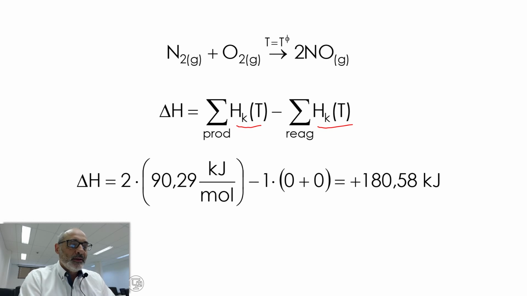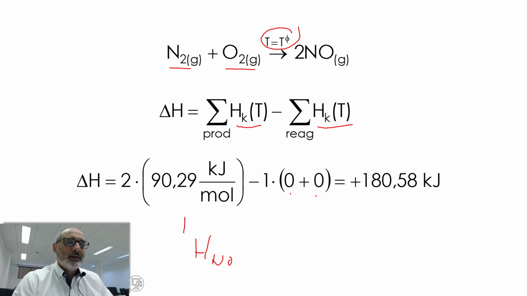So 2 times 9.29 kilojoules per mole, that's the enthalpy of NO at 25 degrees, minus 0 and 0, because that's the enthalpy of nitrogen and oxygen at ambient pressure and temperature.